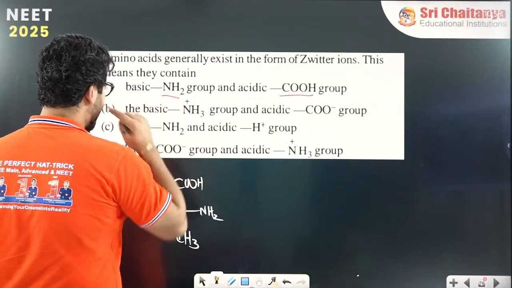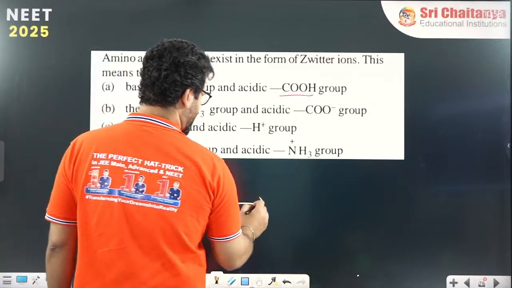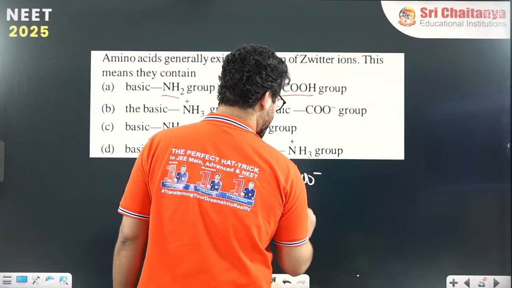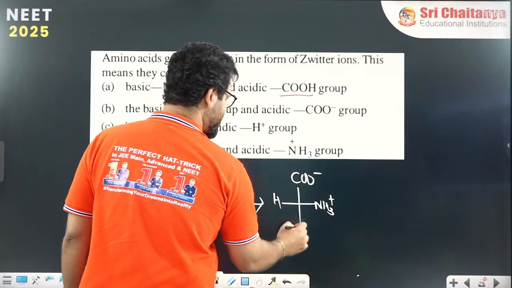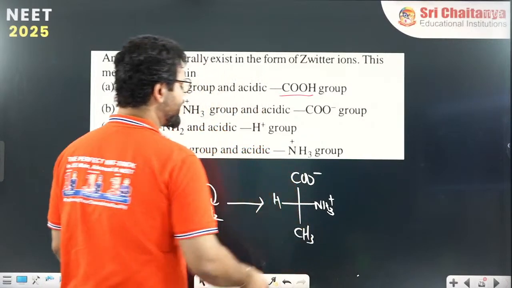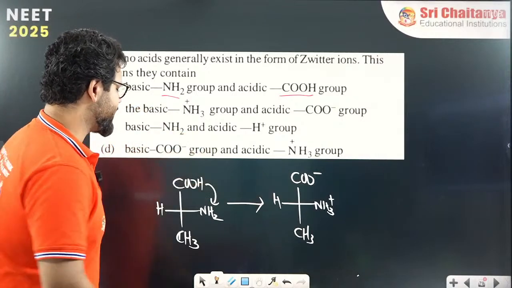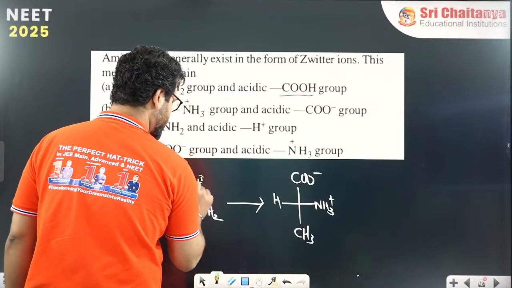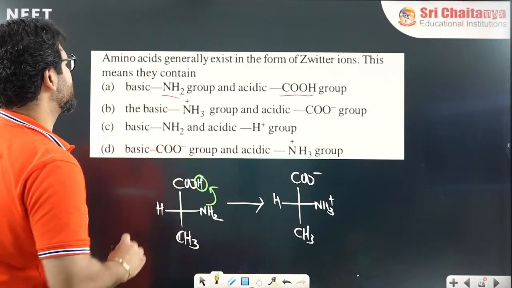So when they exchange their proton, this proton goes here, and they become the zwitterionic form, COO minus NH3 plus. I have made alanine here. The reason for it to exist in zwitterionic form is the basic NH2 group, which acts as a proton acceptor. It will go and accept this proton. And the acidic COOH group.